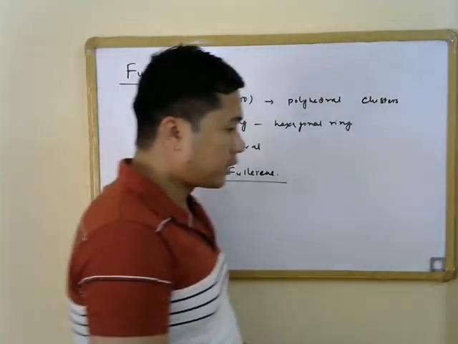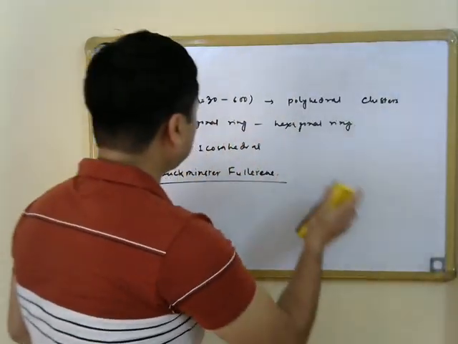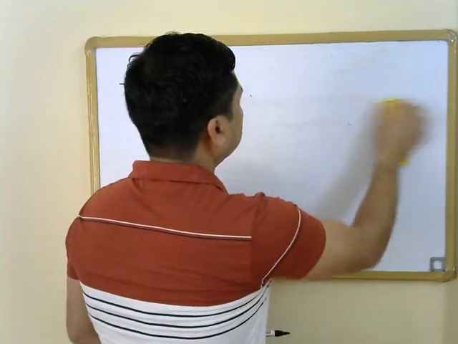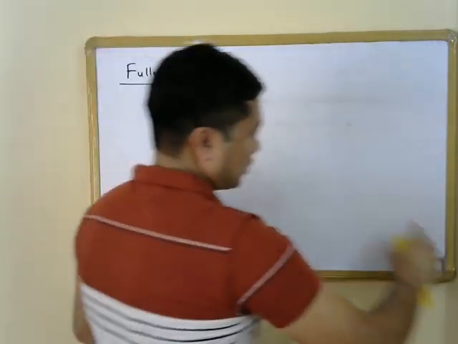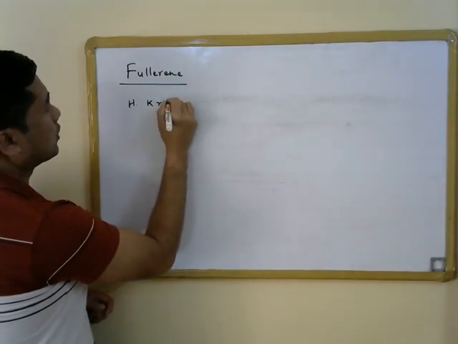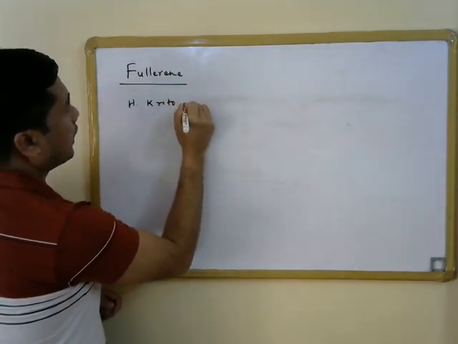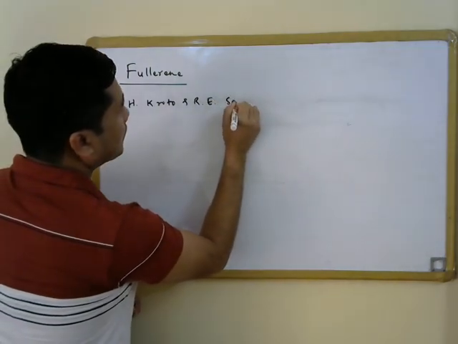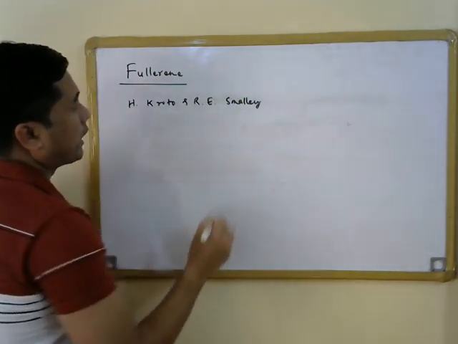The initial preparation of fullerene was in 1985, by the group of Harold Kroto and Richard Smalley.